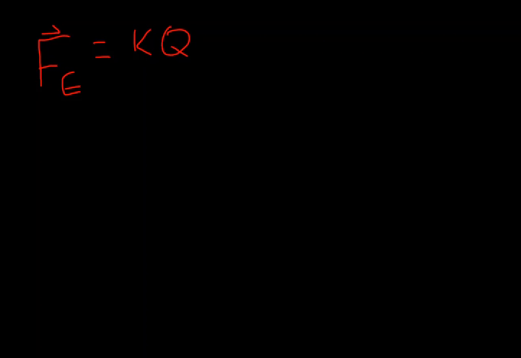In general, capital Q isn't going to be bigger than lowercase q. I'm just calling it that to differentiate between the charges. Sometimes you'll see Q1, Q2. But here, capital Q is the charge causing the field. Lowercase q is the charge feeling the force, or feeling the field.